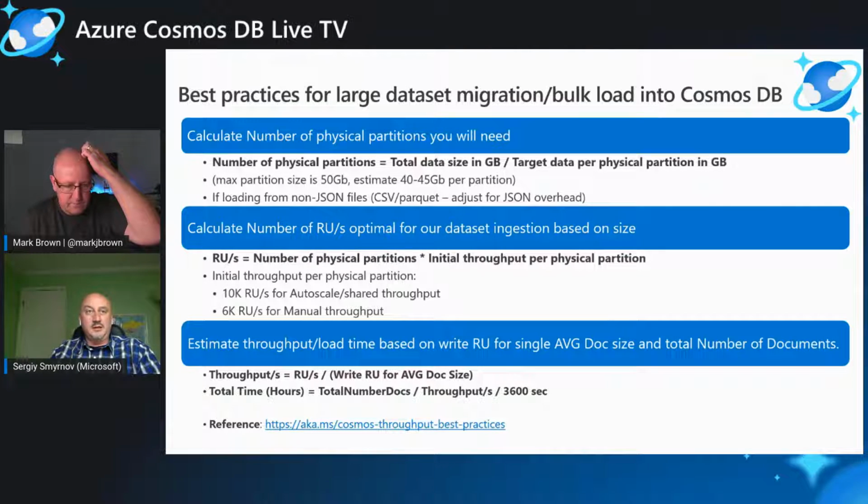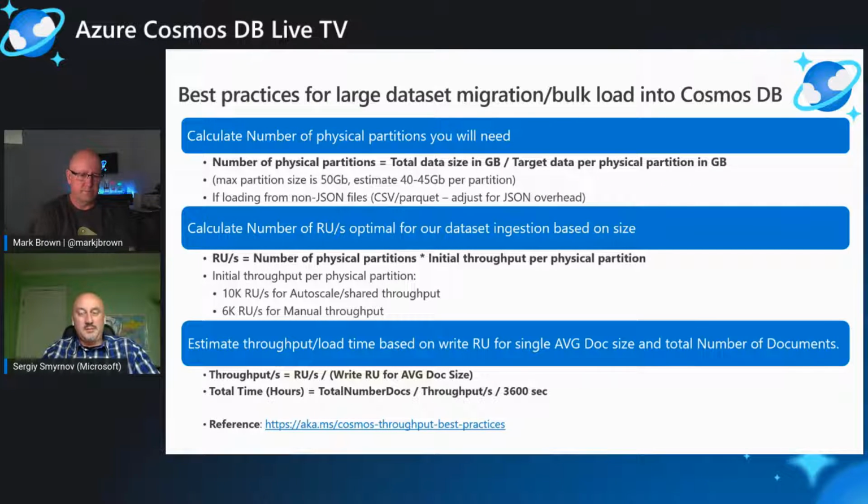Why I'm calculating it in hours is because while we set up and measure RU per second, we bill RU per hour. So from a data load perspective, hour is a good aggregation level because we pay by hour.